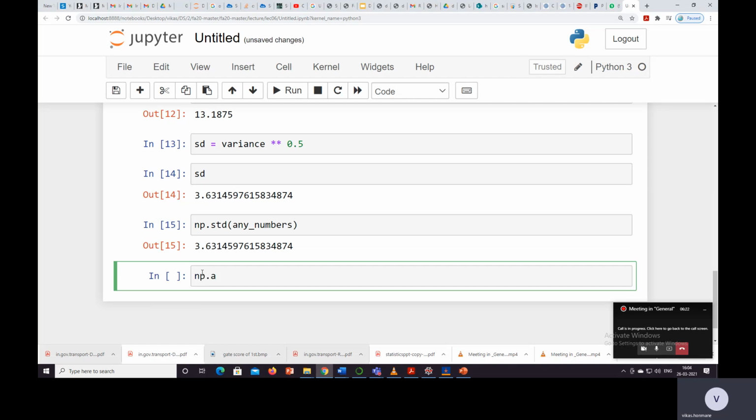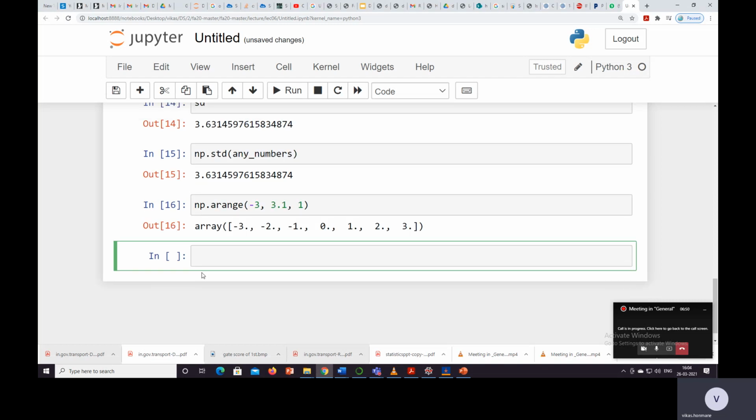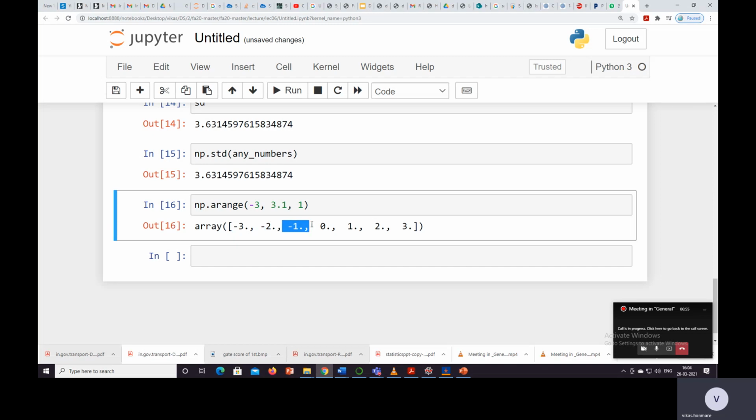In np.arange, minus 3 is the starting point, the second parameter is the ending point, and then the step size. So it will start at minus 3, then minus 2, minus 1, 0, 1, 2, and 3. Here it is 3.1 as the end is exclusive, so we have to mention a number greater than 3. So you will get the array minus 3, minus 2, minus 1, 0, and so on.